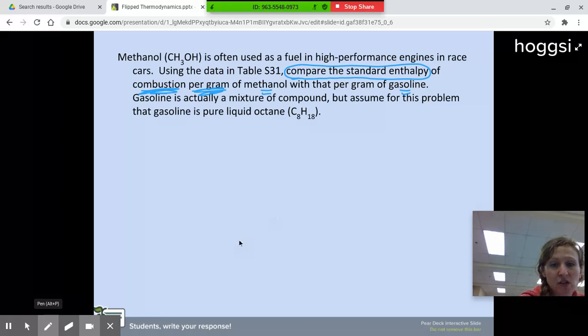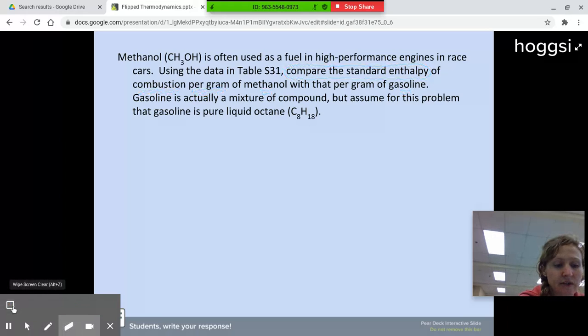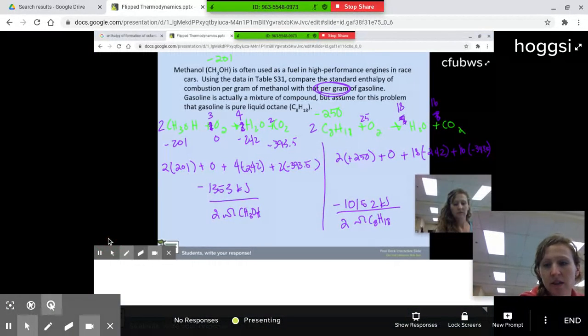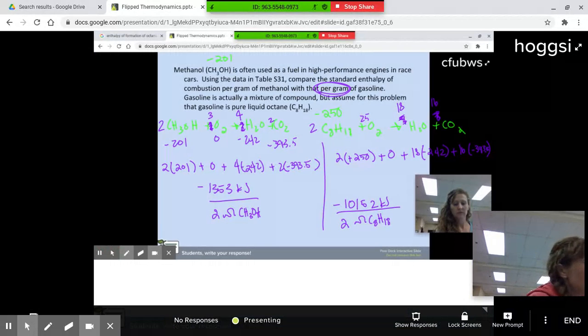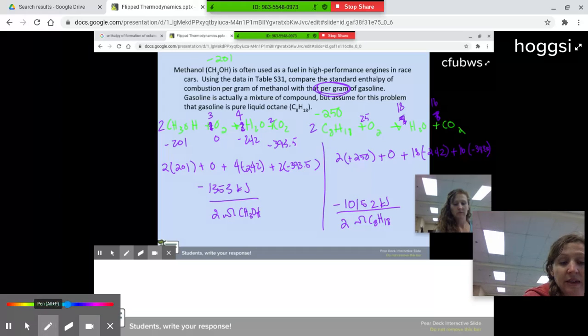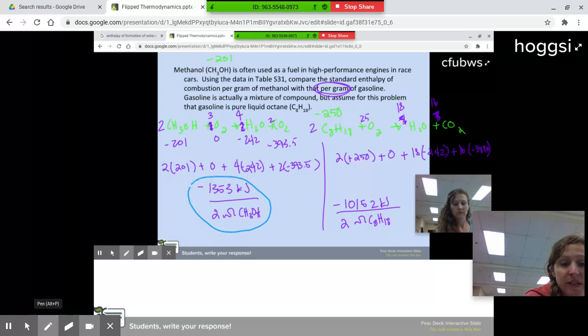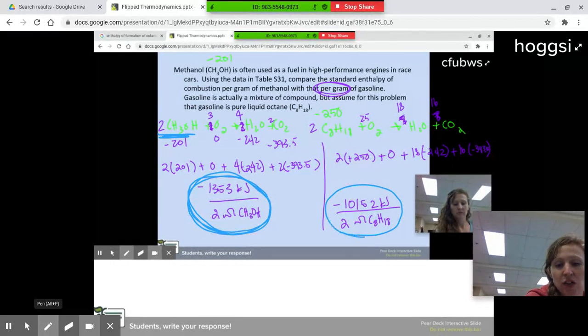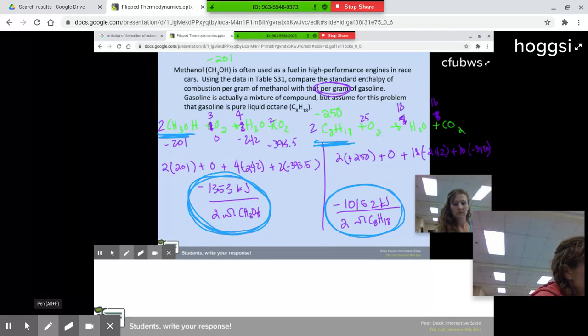Okay, so yesterday we left off here. Basically, we had used Hess's law to calculate the enthalpy that was released for the reaction. And since the reaction had 2 moles of methane, and this reaction was for 2 moles of octane, I just wrote that as a ratio in the end.